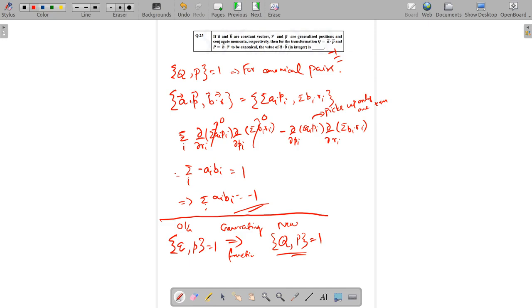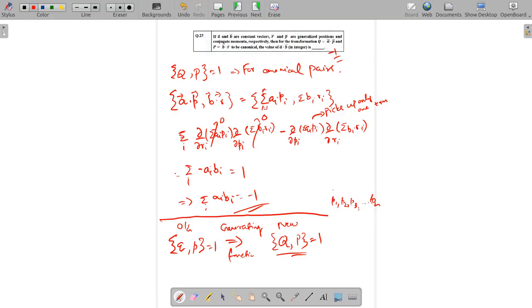What they have given is that A is just a constant vector and p is a vector of all generalized coordinates, for example p1, p2, p3, up to pn. It is a general case, n can be any number, even 1. So the summation goes from i equals 1 to n.